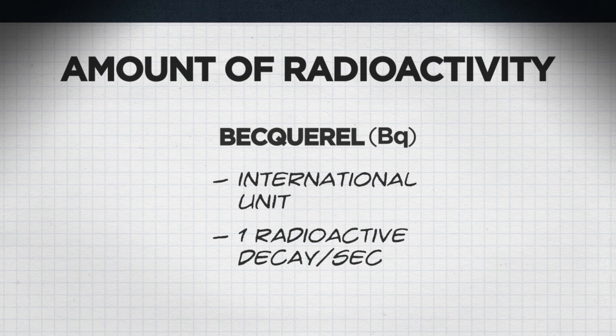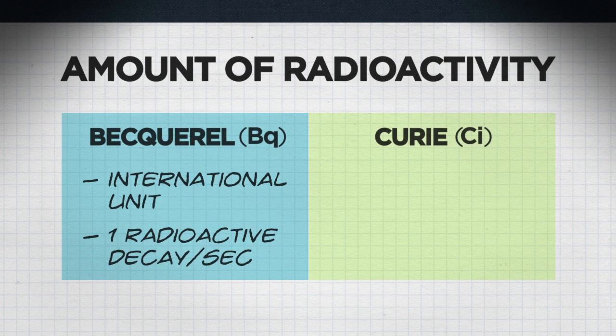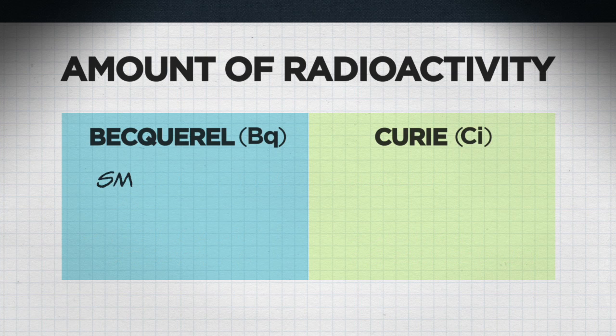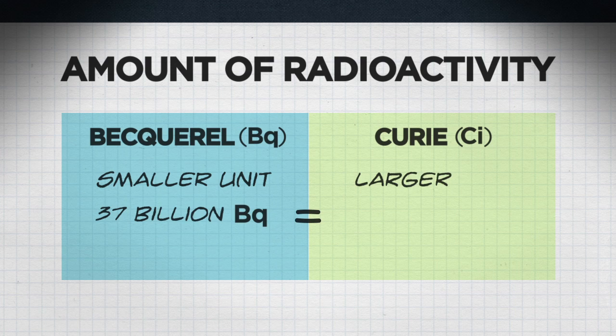That's how it's based. We have an older unit, the Curie, that many people in the United States still use, and the unit of Curie is based on the activity in 1 gram of radium. So we relate radioactivity in any sample back to whatever the activity is in 1 gram of radium. They both measure the same thing, they're just on a different scale. Becquerel, 1 disintegration per second, is a very small unit, but a Curie is a larger unit.